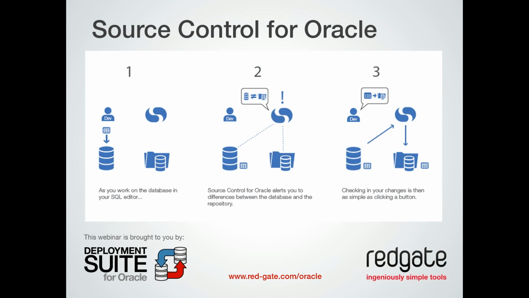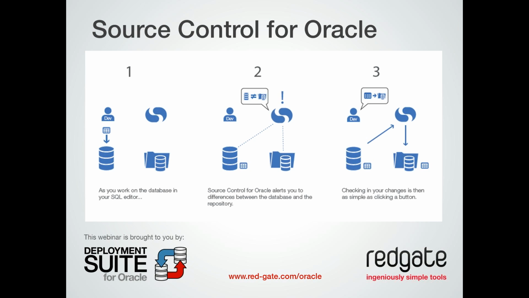Currently it works with SVN and TFS. But as it recognizes changes that are different between the database and the repository, it's going to notify you, and then it will do all of the hard work of checking those changes into Subversion. And I hope the little diagram we've got up on the screen here shows that checking in your changes is as simple as clicking a button, and this is what I'm going to show.